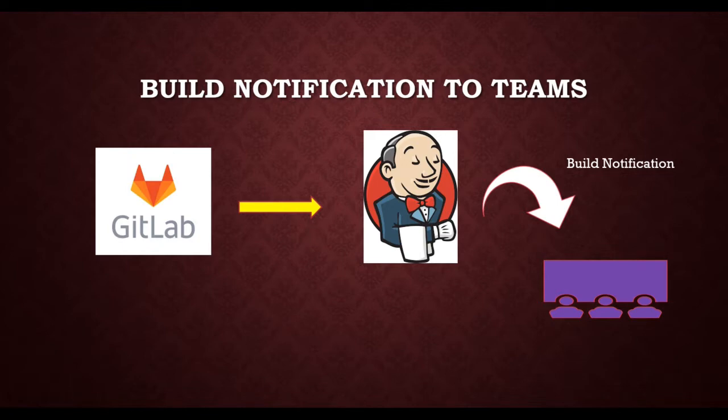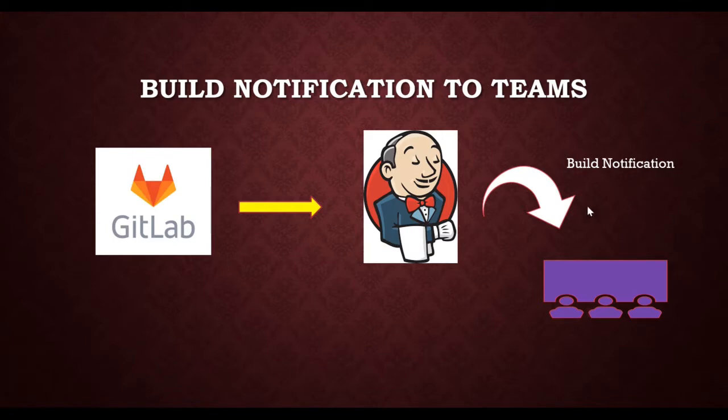So we need to place some centralized system, where whether the job succeeds or fails, it should trigger notifications on that particular centralized platform. Today in this tutorial, we are going to see that if any job inside Jenkins fails, how we can trigger those notifications inside the centralized platform.